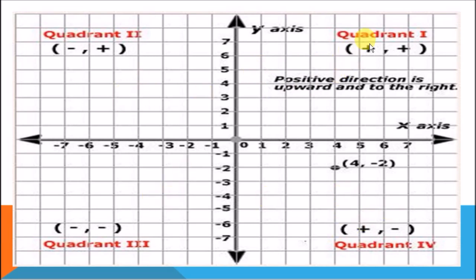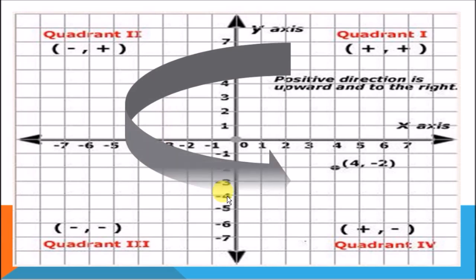The top right quadrant is the first quadrant, and the direction of the quadrant goes in anti-clockwise direction like this. The positive direction is upwards for the y-axis and towards the right for the x-axis. So the first quadrant will be plus x and plus y, as x-axis is towards the right and y-axis is upward.